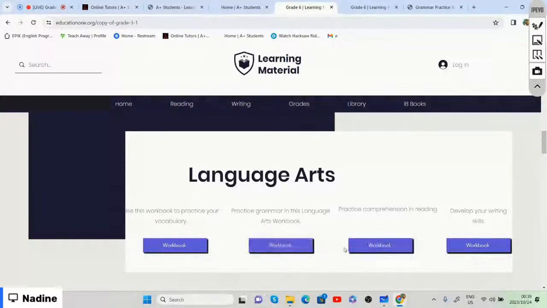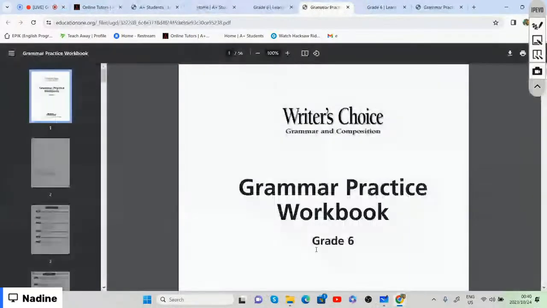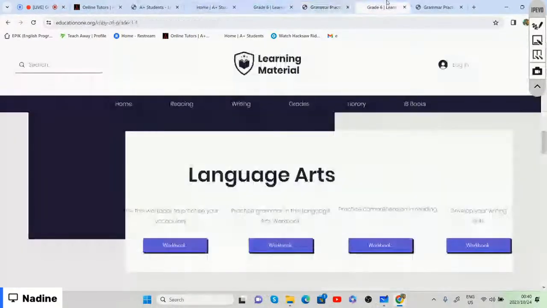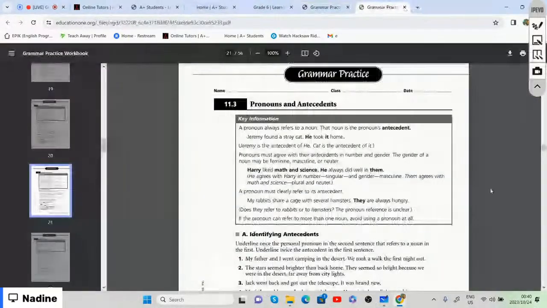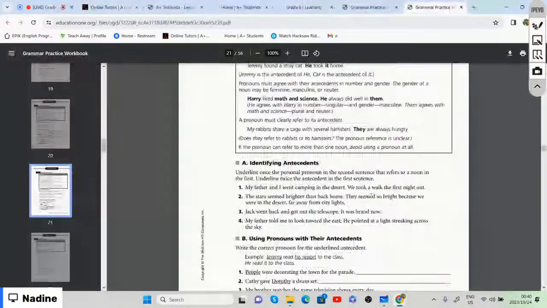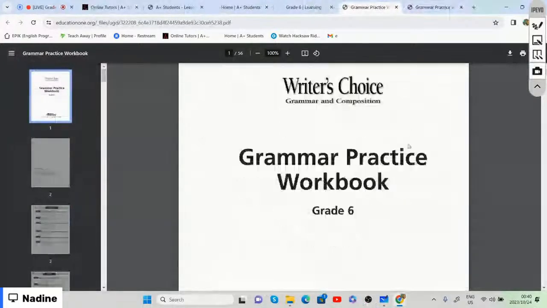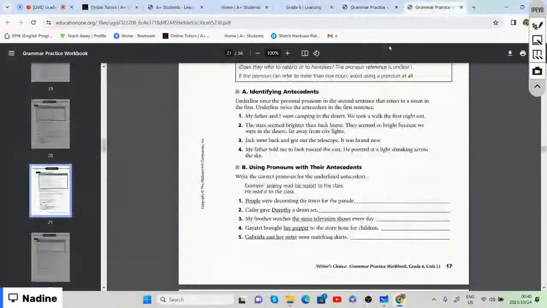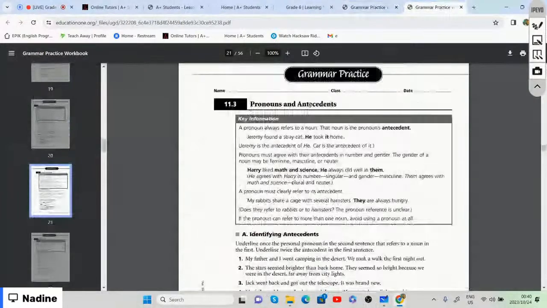We're going to the second workbook, which is practice grammar in the language arts workbook. Then we scroll down until we get to page 17, pronouns and antecedents.